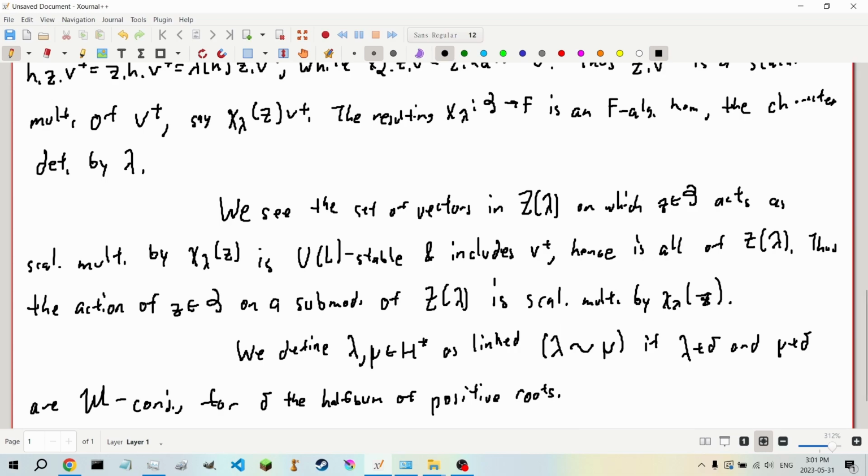And this is, of course, going to be an equivalence relation. And here we're only using it on the integral linear functions.